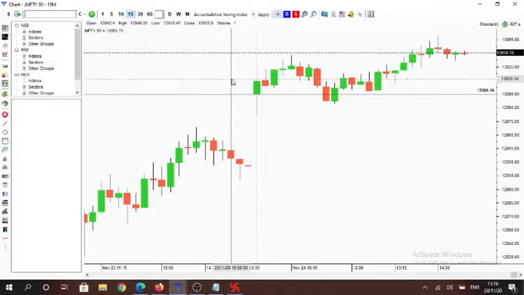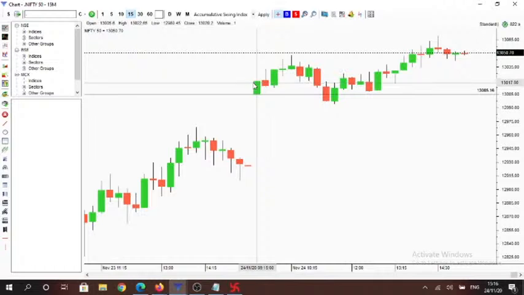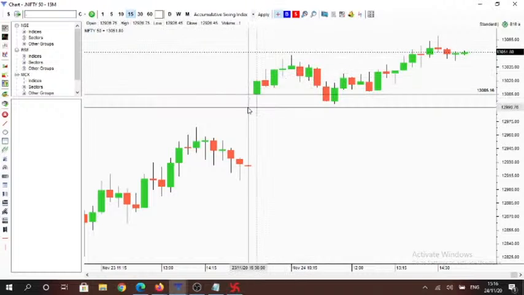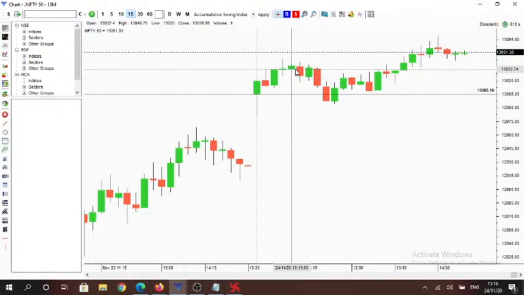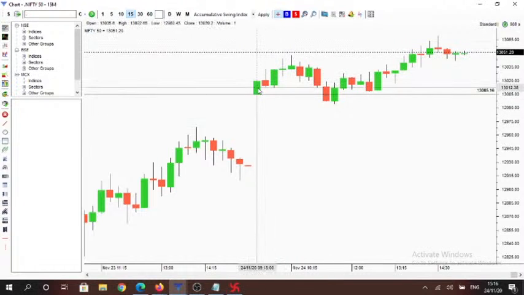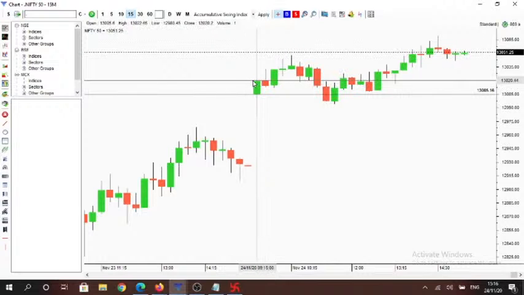Basically, above the first 15-minute candle high we entered. I'll repeat it again: we are of course not trading futures, but I'm just telling you the concept.